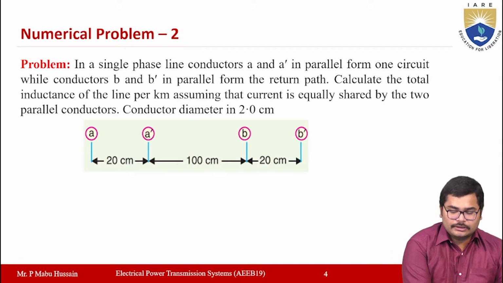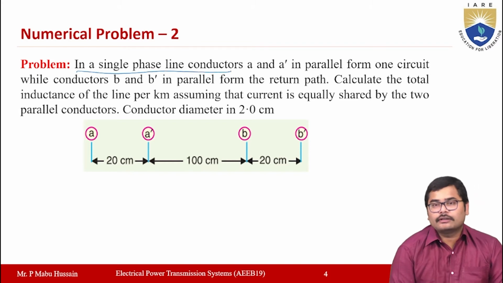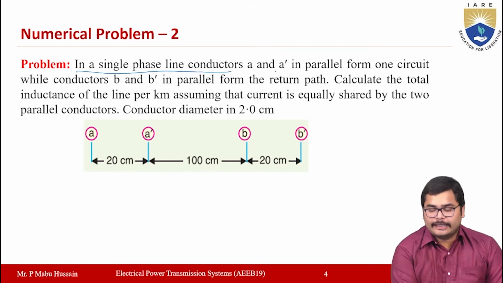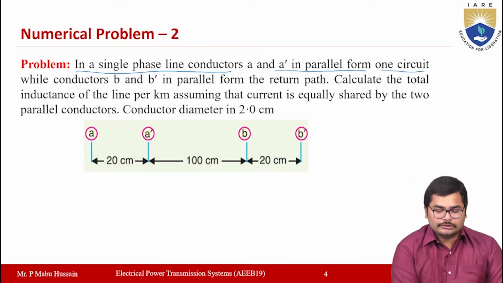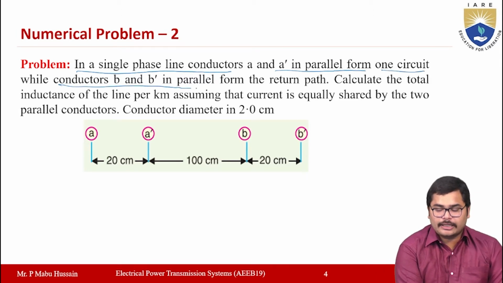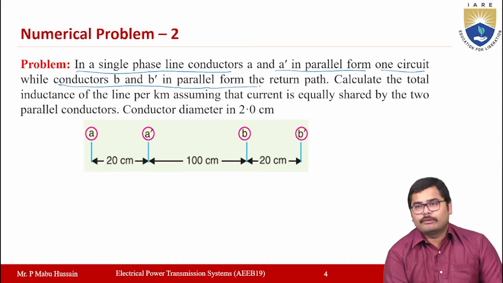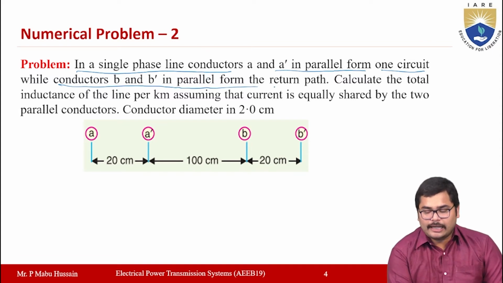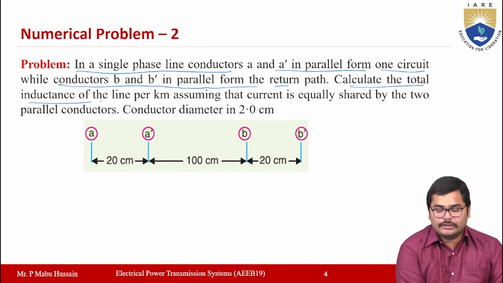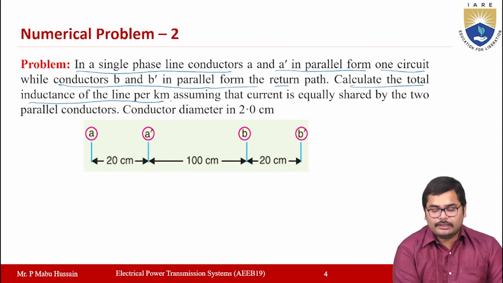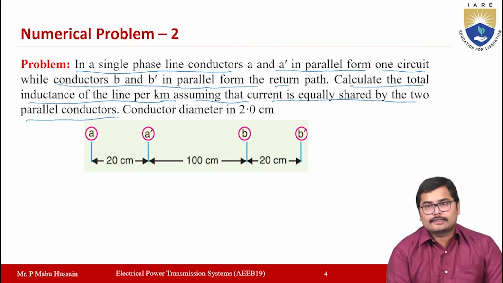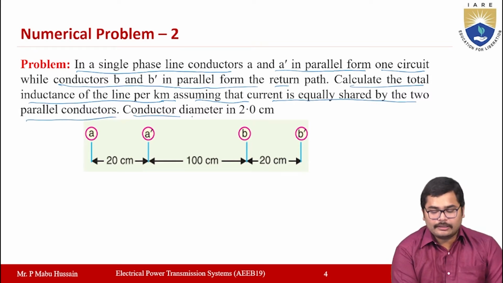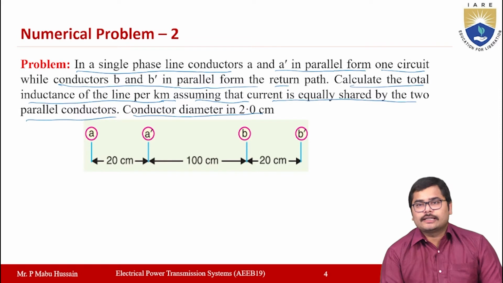Here in a single phase line, conductors A and A dash in parallel form one circuit, while conductors B and B dash in parallel form the return path. Calculate the total inductance of the line per kilometer, assuming that current is equally shared by the two parallel conductors. Conductor diameter is given as 2 centimeters.